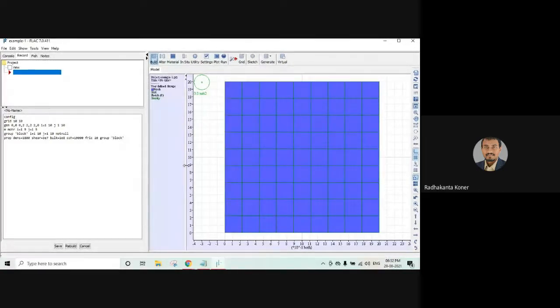Suppose from the top I want to excavate some portion. How to do that? By using the null command. The null command and the not null command are very useful, and they are used for excavation of some amount of material. Suppose on the top portion I want to remove the top row.